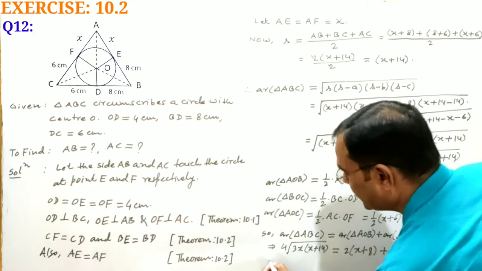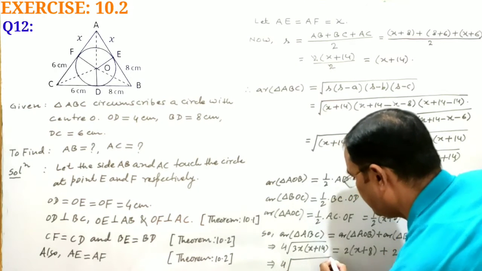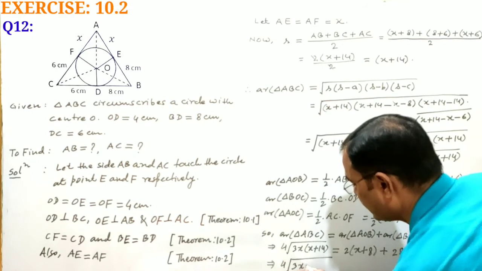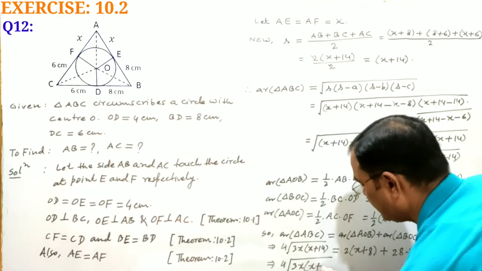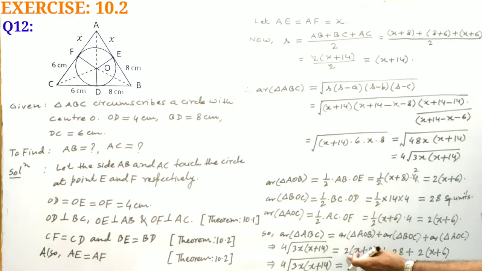And this implies 4 into under root 3x into x plus 14 equals 2x, 2 into x is 2x, plus 2 into x is 2x, 4x, plus 2 into 8 plus 2 into 6, 28, plus 28, 56.